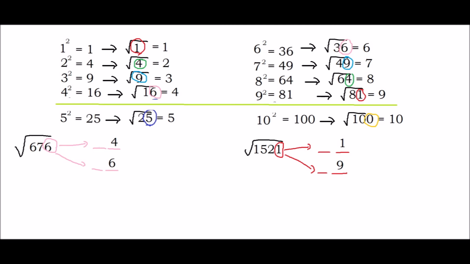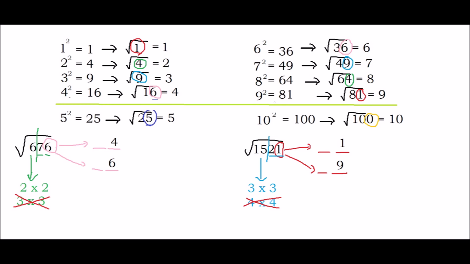The ones that have the ending of 1 are either 1 square or 9 square. Then, let's count 2 digits from the back. For 676, that leaves us with just 6 in the front. And for 1521, it leaves us with 15 in the front. Then we need to figure out what times what equals 6 and what times what equals 15.